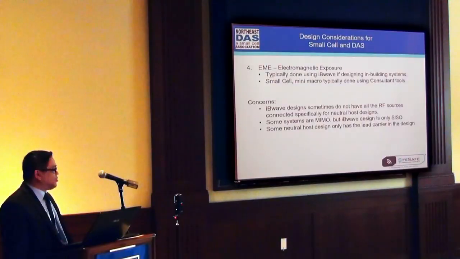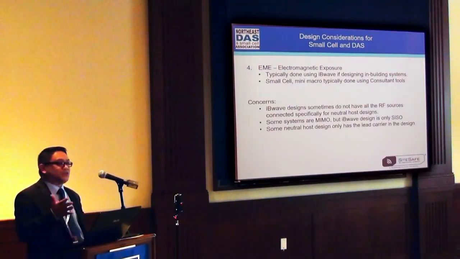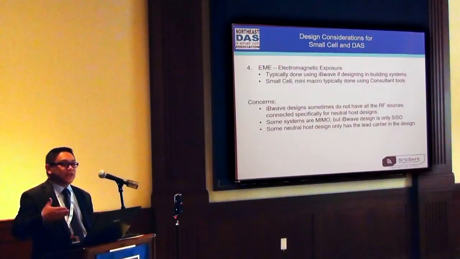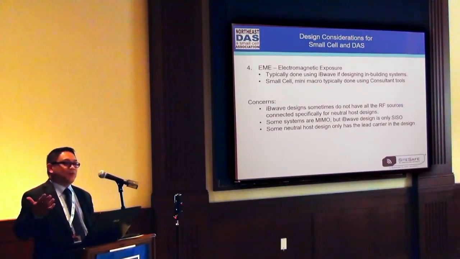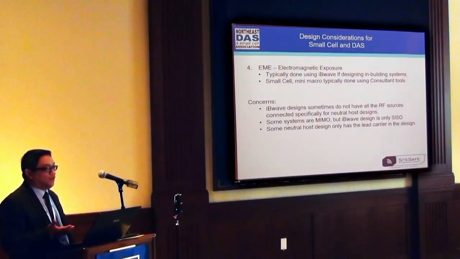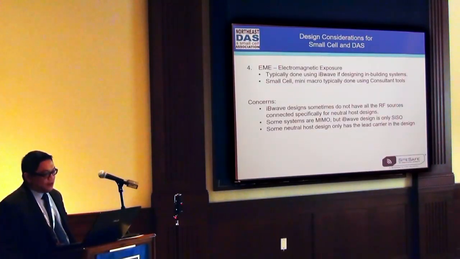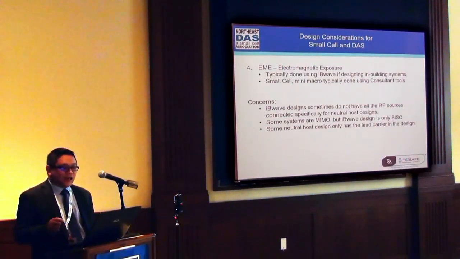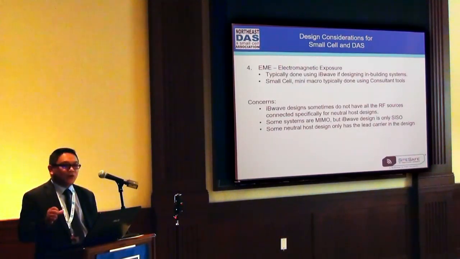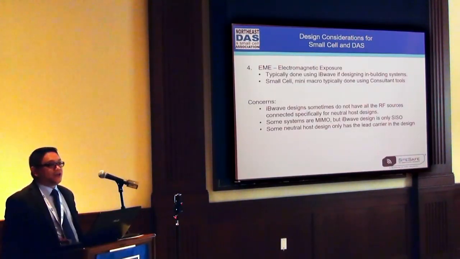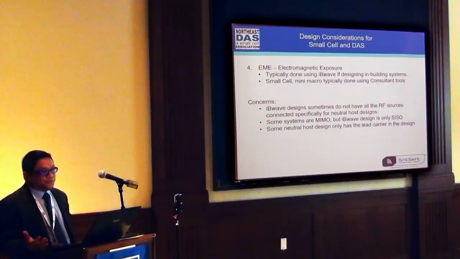The other thing we've seen is that some systems are deployed MIMO, but the design is only showing SISO. The problem with that is you're not totally depicting what is required for RF compliance. Also, some of the neutral host designs are designed only based on the lead carrier, so they are not considering all of the carriers in the system.